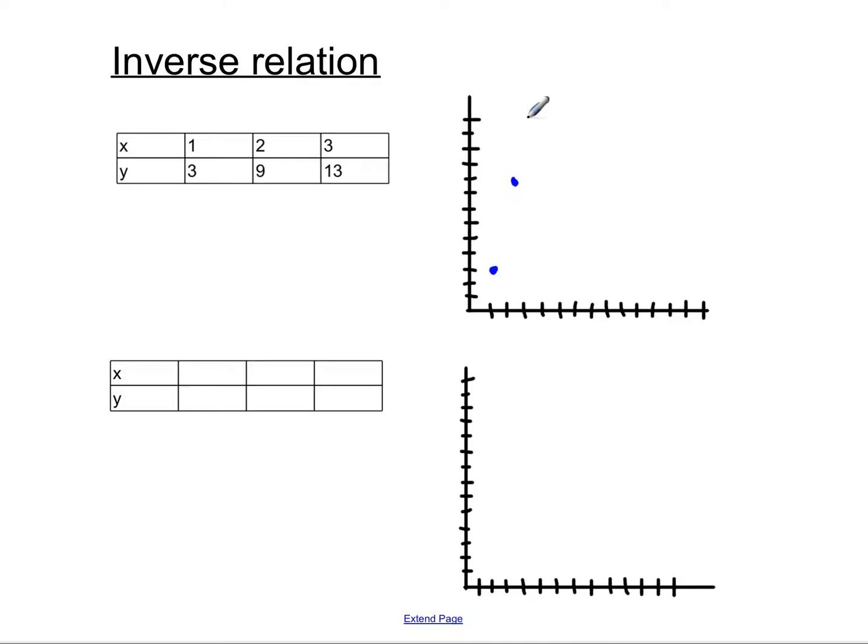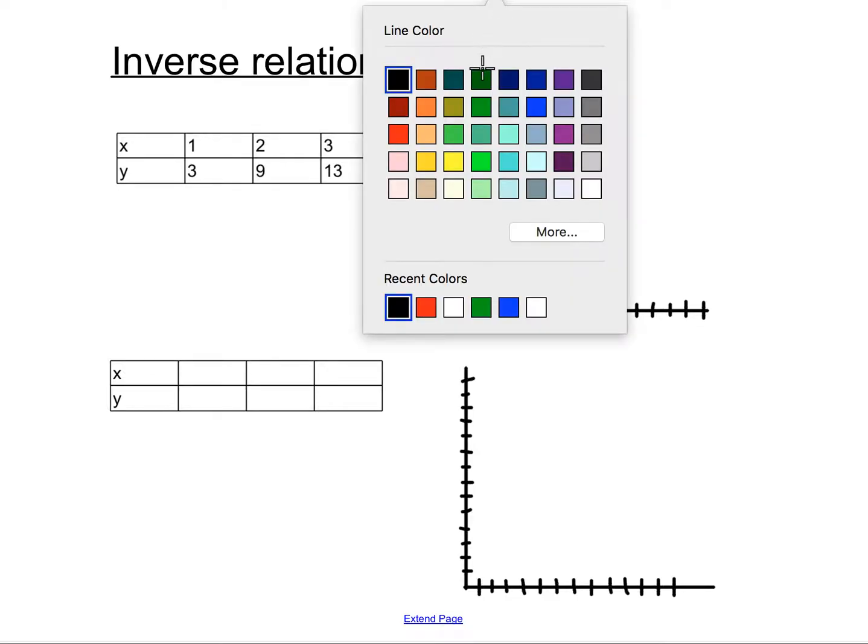And 13 will be right at the top. So we get something that looks like this, almost a linear function. It's hard to tell, but something that looks like this. And we can try to sketch a straight line between them. Here, I will pick a color.